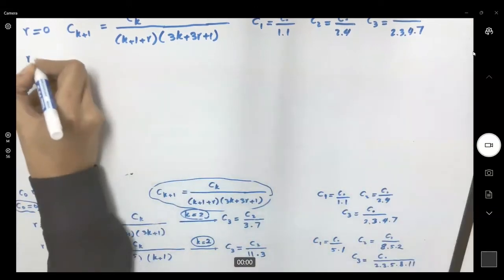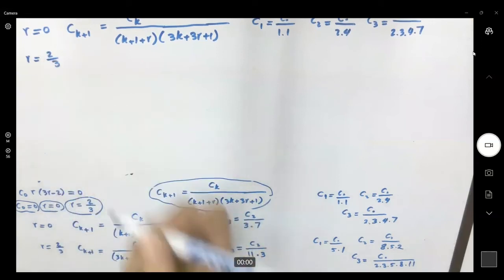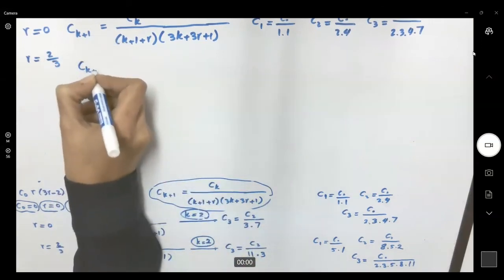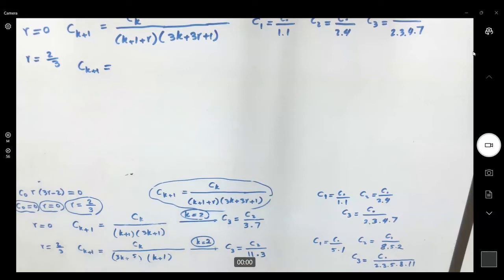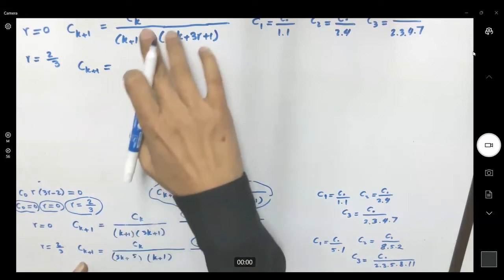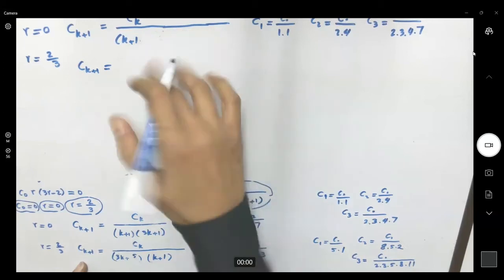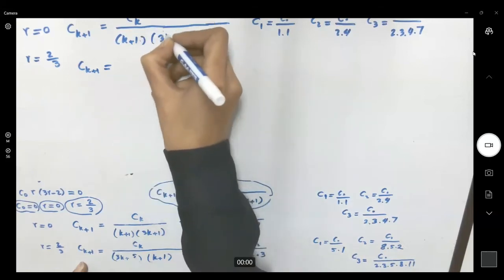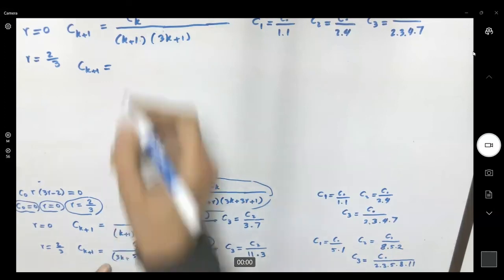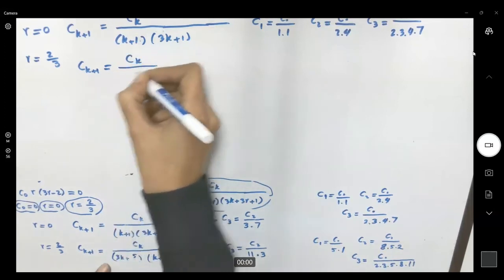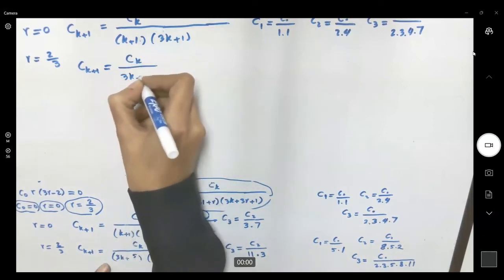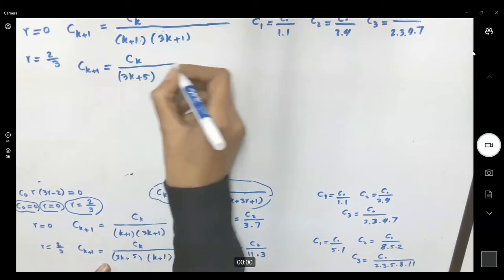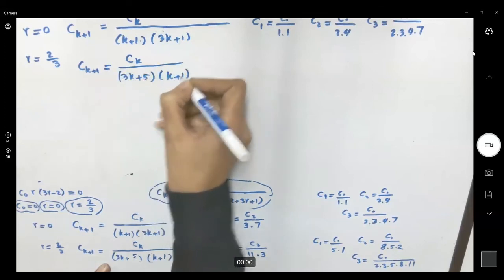So R is equal to 2/3, and C sub K plus 1 is equal to, so here you have 3K plus 1, then make this part, and this becomes 3K plus 1. And this becomes C sub K divided by 3K plus 5 times K plus 1.